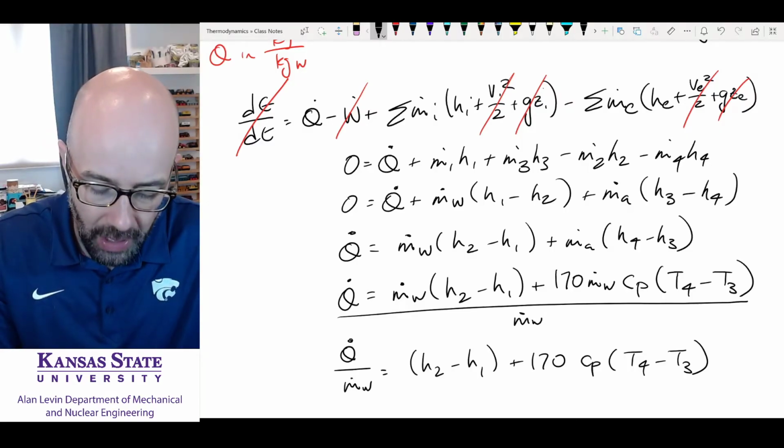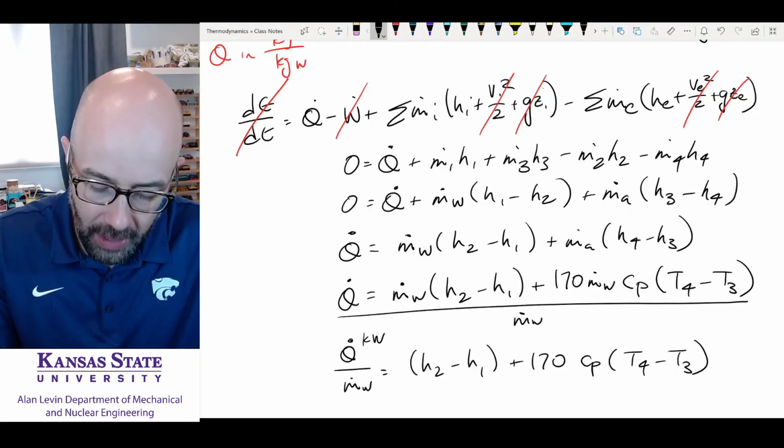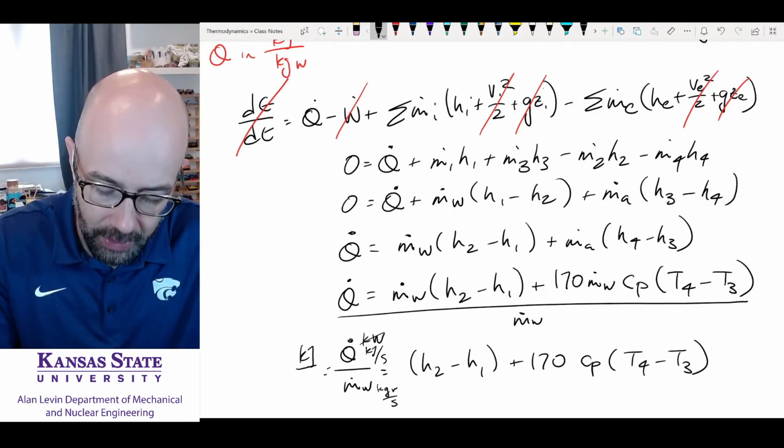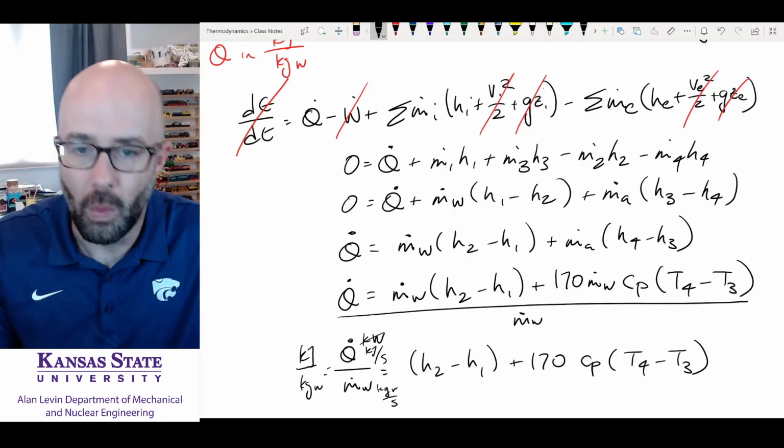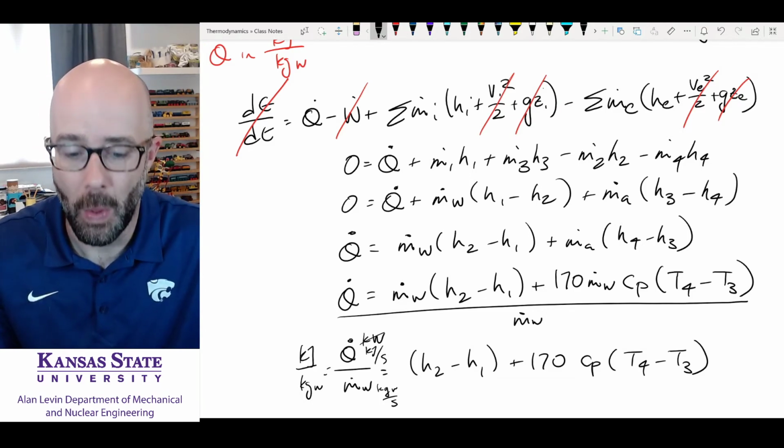We wanted heat transfer rate in kilowatts, and mass flow rate of my water is going to be in kilograms of water per second. Well, what's a kilowatt? A kilowatt is a kilojoule per second, and then we end up with units of kilojoules per kilogram of water. So our units work out fine. We can check that all we want.